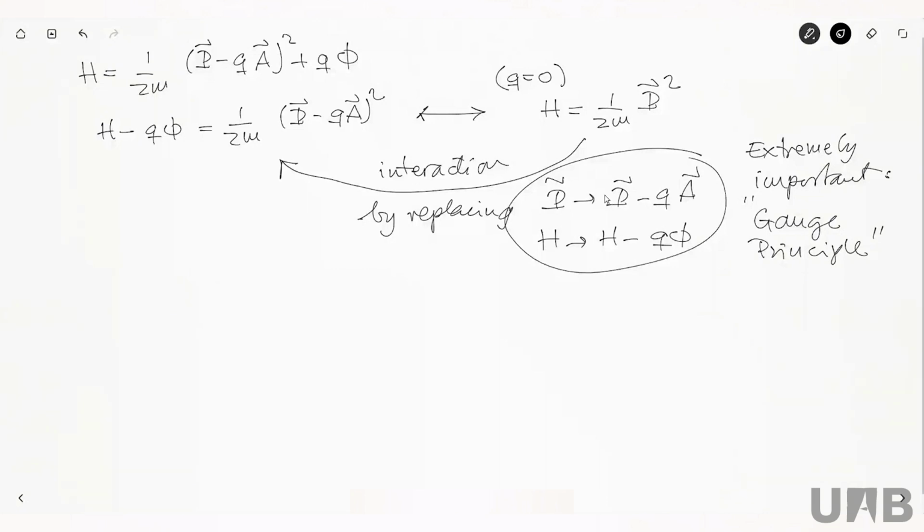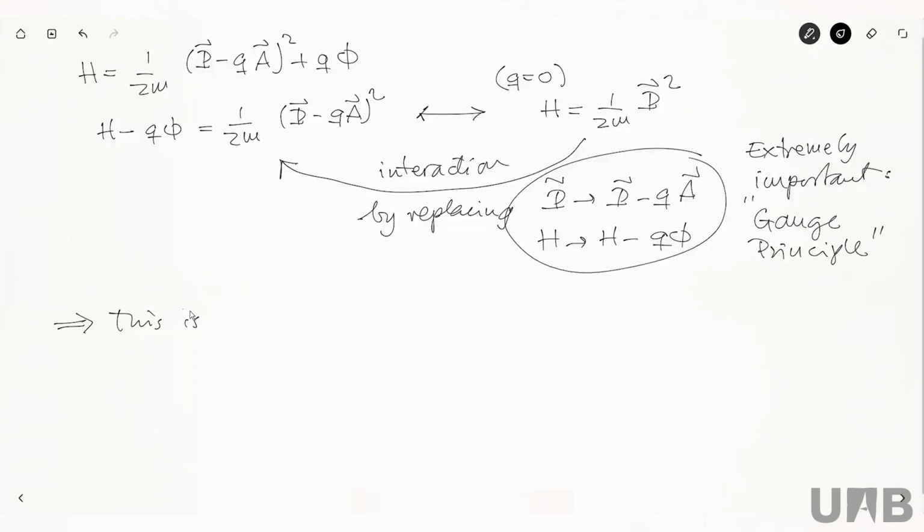Okay? And one would say, well, maybe this is just a coincidence of the electromagnetic interaction. Maybe the electromagnetic interactions are such in which this thing happens to be true. Well, actually, this is not the case.